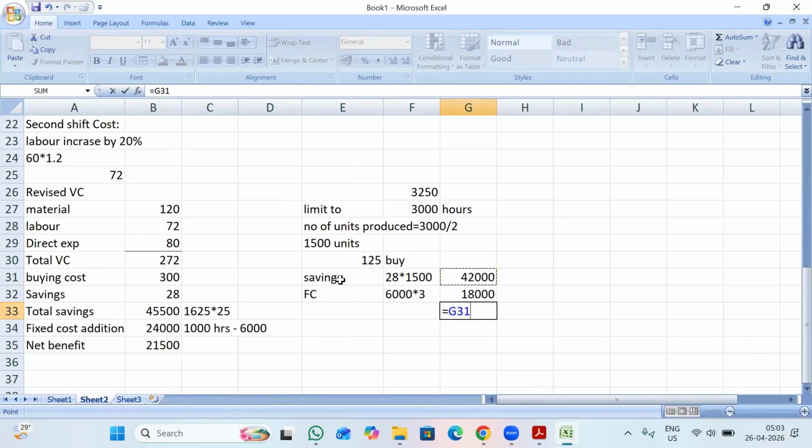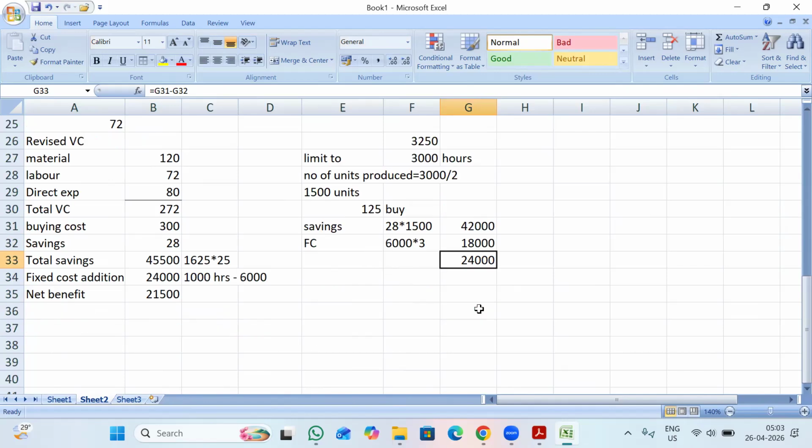So my savings here will be 24,000. When compared to savings of 21,500, 24,000 gives a higher net benefit. I am not considering the buying cost for the remaining units because there is no savings in that case.